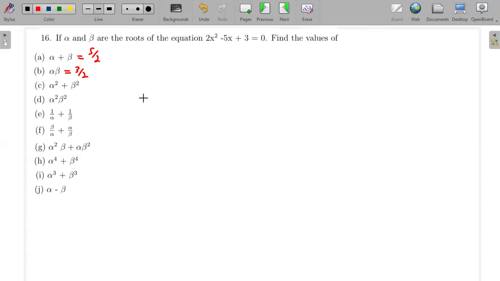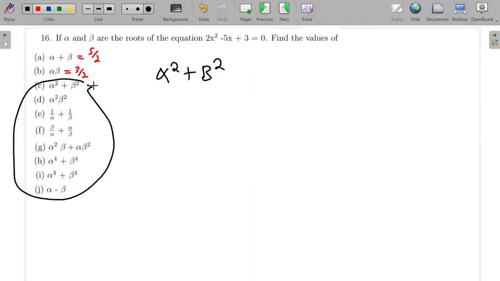The next thing now is to find the value of alpha squared plus beta squared. The secret now is to always express any of these combinations that are left here in terms of the sum of the roots and the product of the roots. What do we mean?